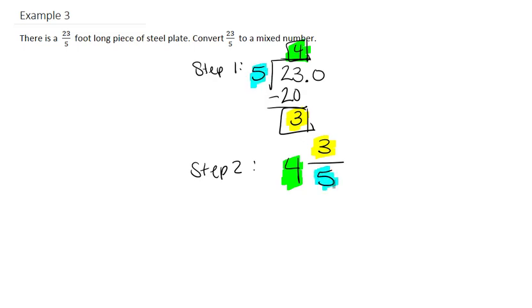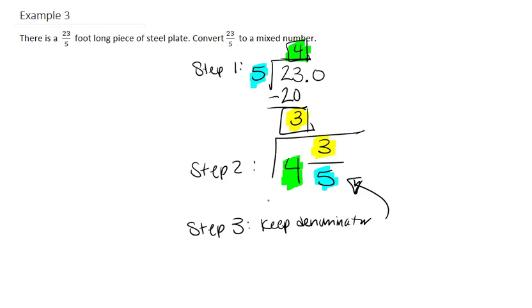So you can see, step 3 was keeping the denominator, which is right there. And we can see that we can't reduce, as 3 over 5 is in its reduced form. So this would be our final solution.